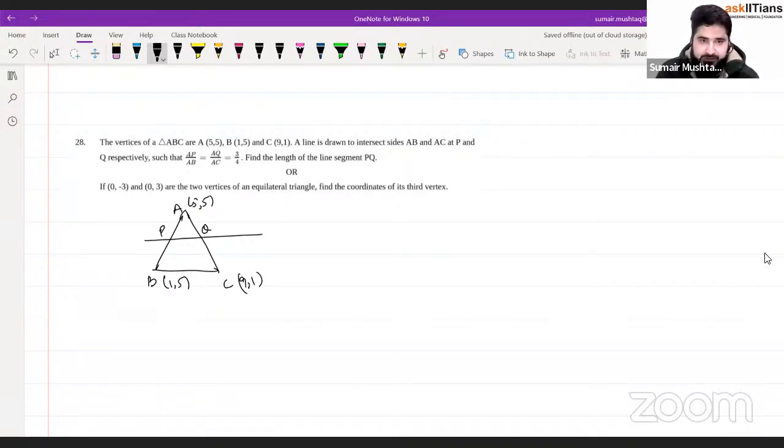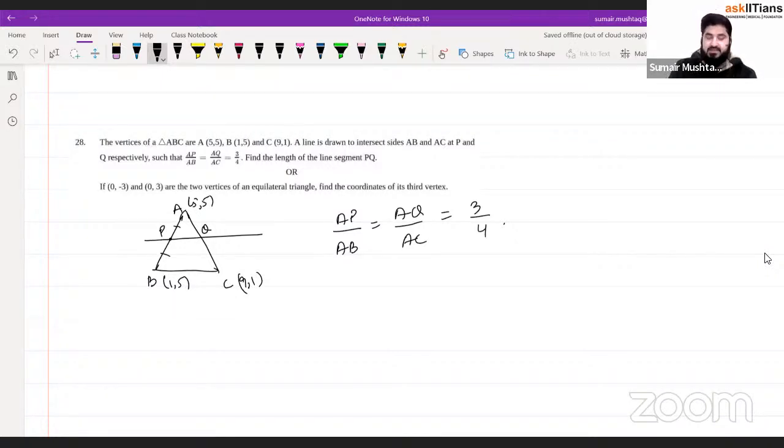Okay, see, such that AP over AB is equal to AQ over AC is equal to 3/4. See, I have a question to you here. Since I have given this, so what I will do, I will find AP over PB, so that I will get the ratio in which point P divides the side AB. How can I get it? How can I get it?